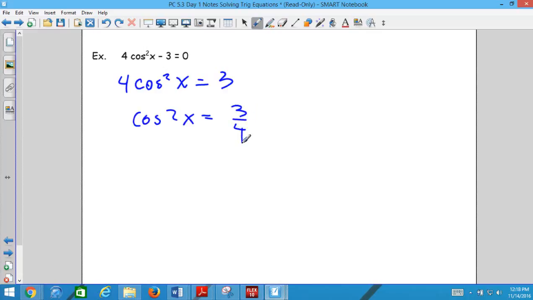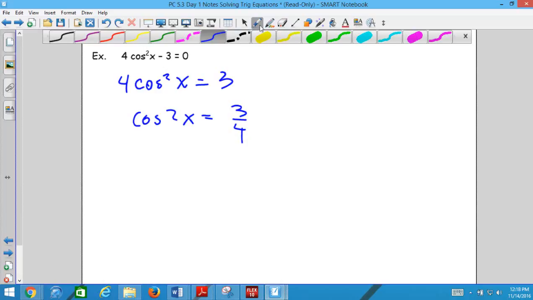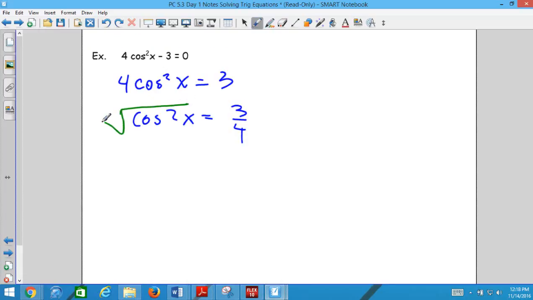Now we square root, but there is a rule that says when you square root, you're going to get positive and negative, both a plus and a minus answer. So it's very important that you put both there, or you're going to miss half of your answers.